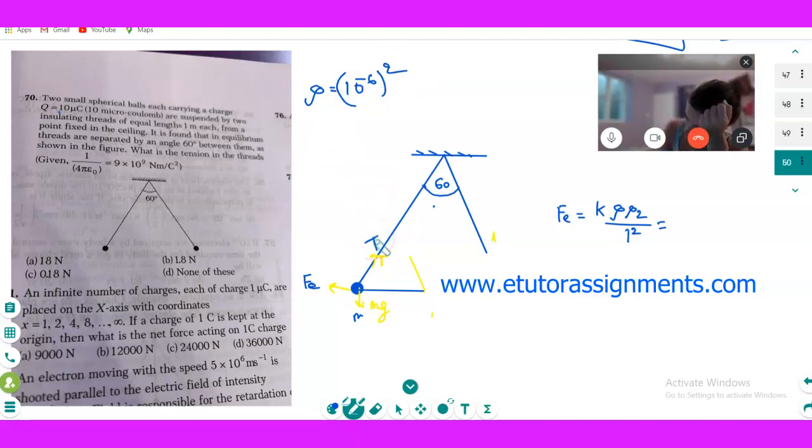So it's equal to 9 times 10 to the power 9, 10 to the power minus 12, so this is 11. So it's 90 Newton.